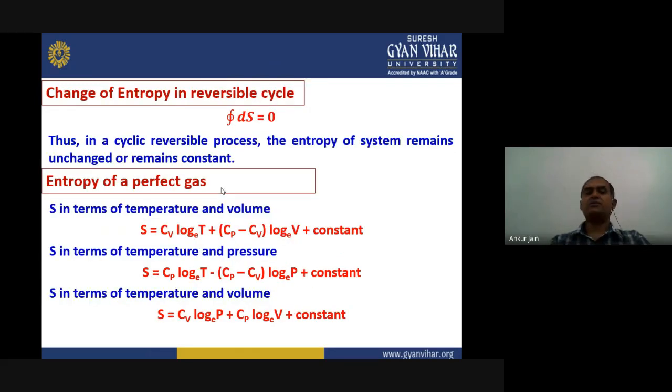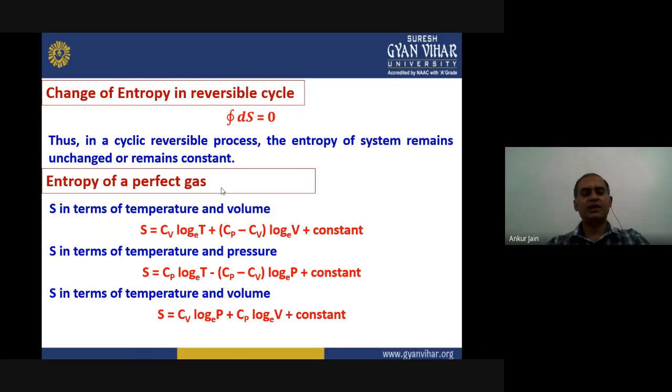Then we will talk about the reversible cycle. If you recall, the Carnot cycle is a perfect reversible and ideal cycle. So the change of entropy for a reversible cycle is defined on the basis of the Carnot cycle.